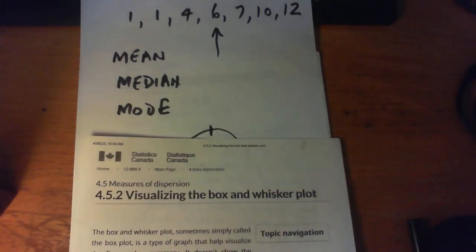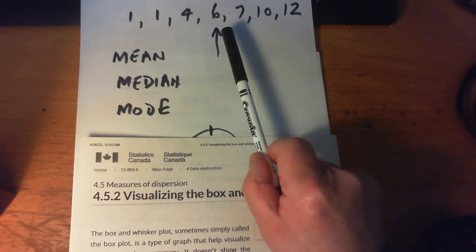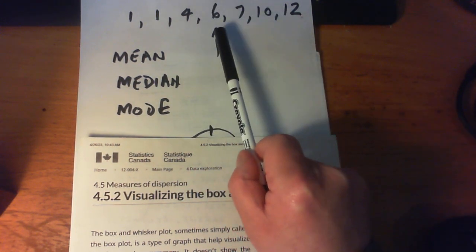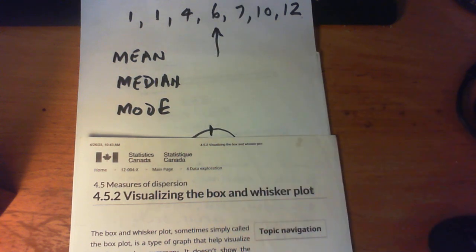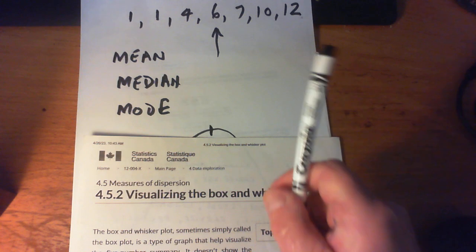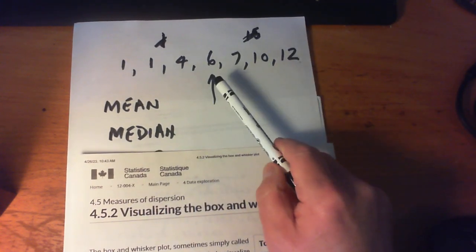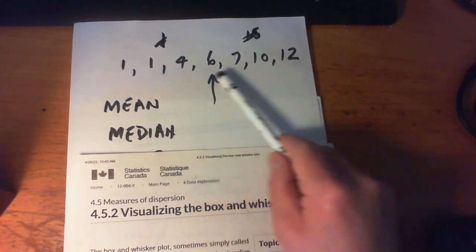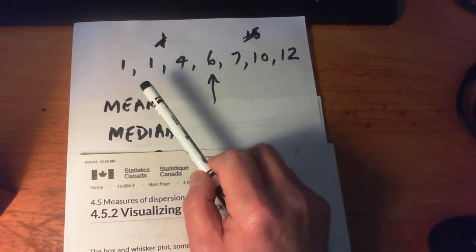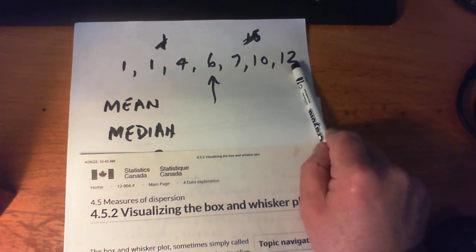If I just go back to the median for a moment, the median splits the data into an equal number of data pieces. This 6 is the median of those pieces of data here, and that splits it up into two groups: that's got 3 items, and that's got 3 items.